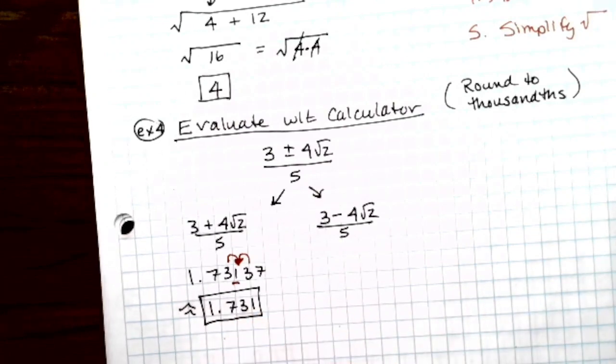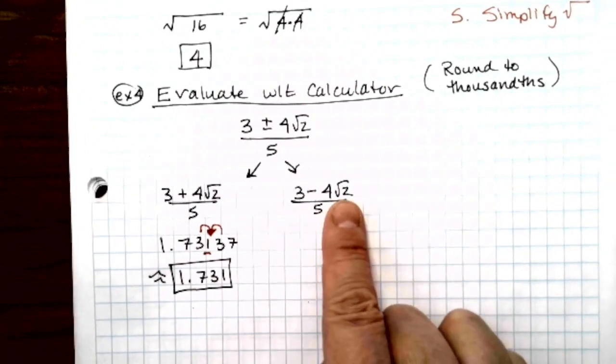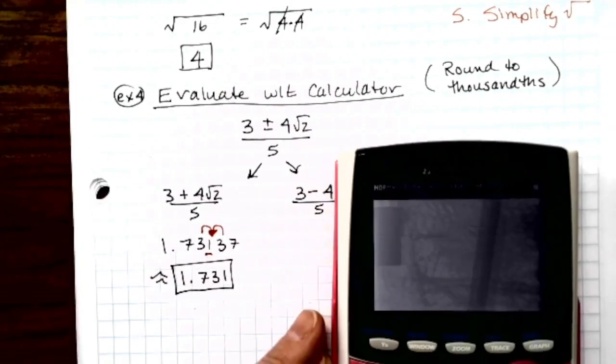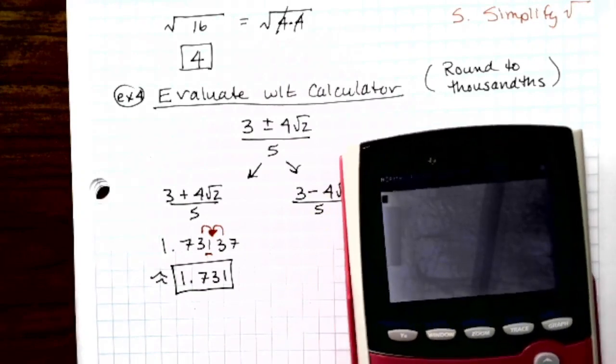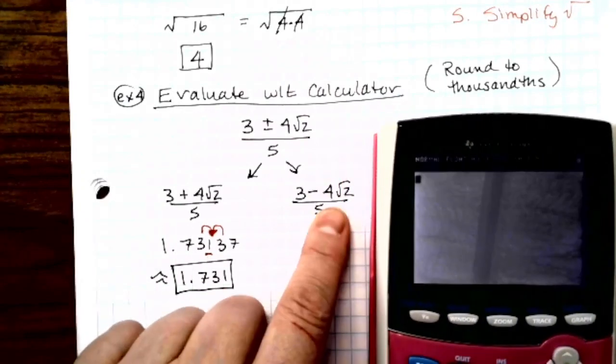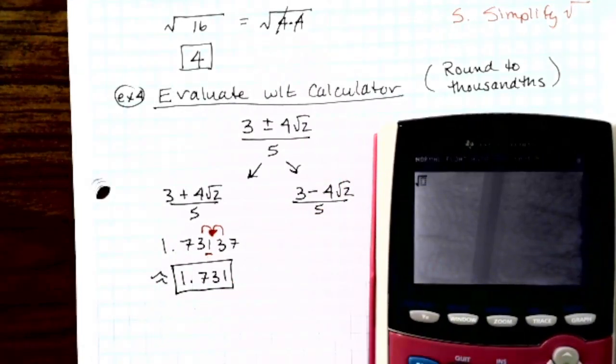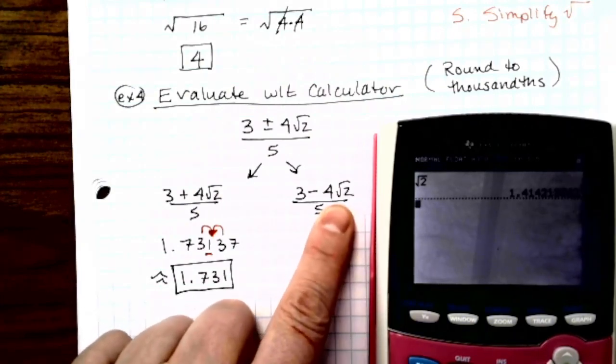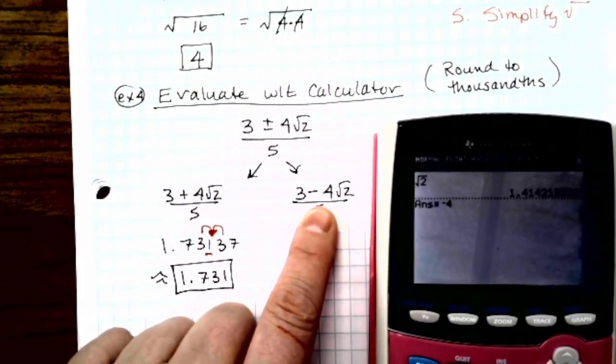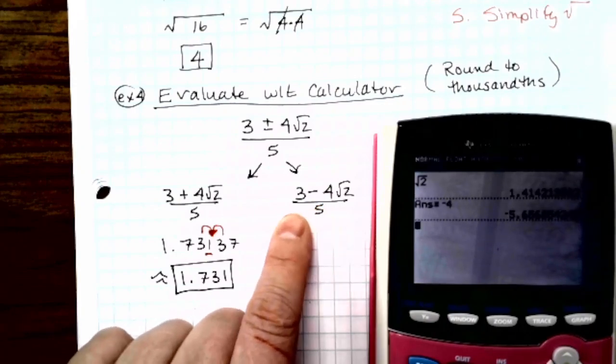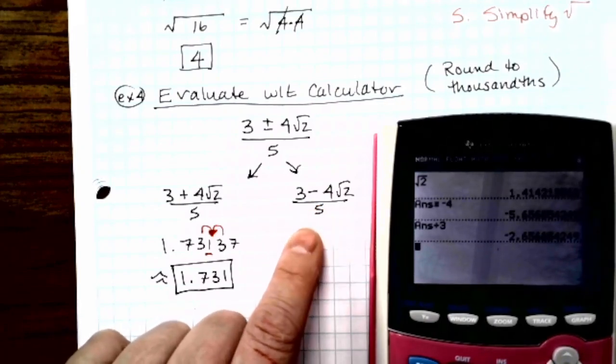That's to the thousandths. Now, if you have a scientific calculator that doesn't let you enter the whole top at one time, then you have to do it in pieces. So to do it in pieces, you want to start with the square root of 2. So you might have to say 2 square root. You might say square root 2. You got to figure that out. You should get 1.41. So square root 2 times a negative 4, enter, plus a 3, enter, divided by 5, enter.